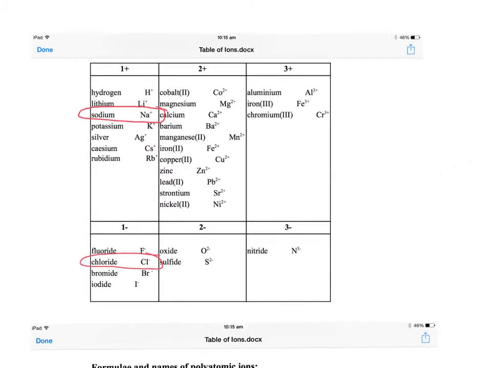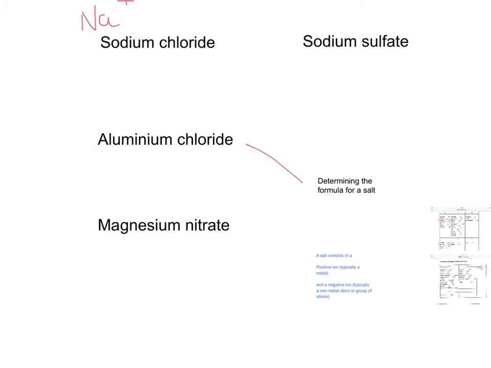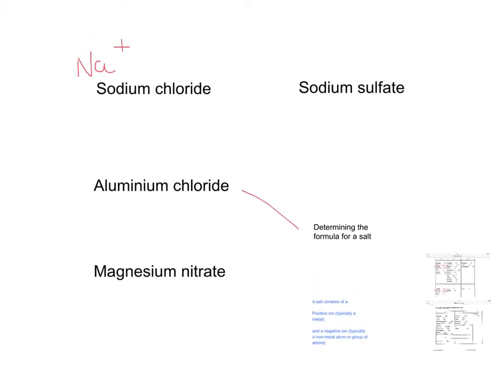So let's go back over and put that in. We know that we have two ions here: a positive ion sodium, Na+, and our negative ion, Cl-.